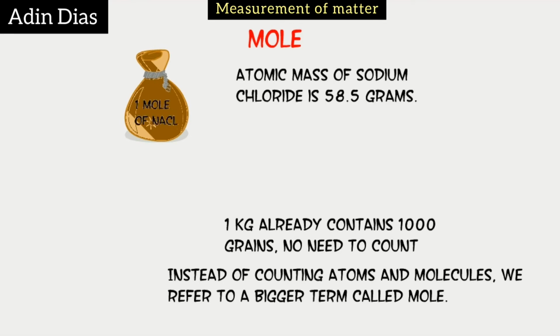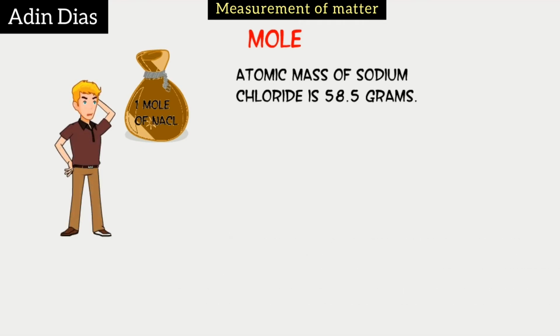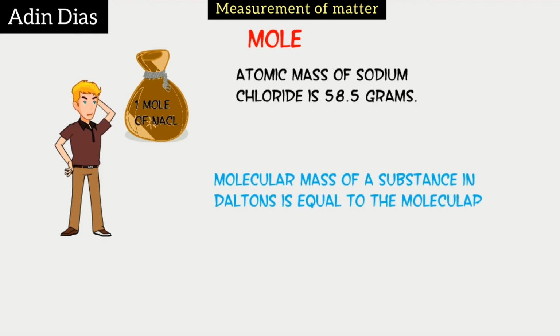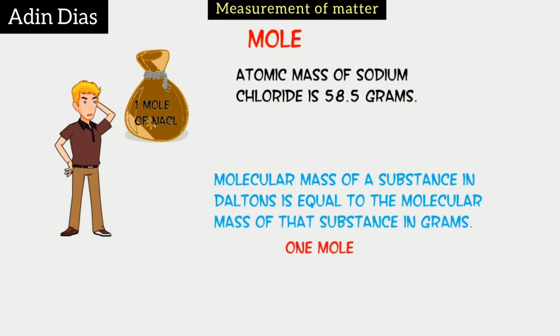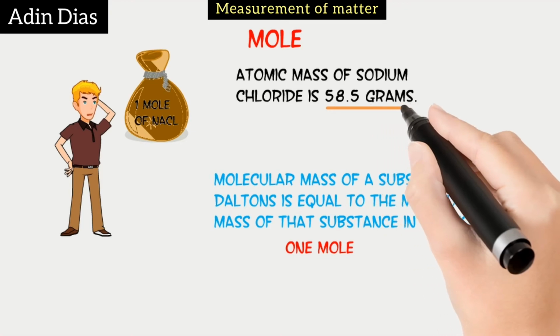So, if Dave's mom tells him to bring 1 mole of sodium chloride, how much is he supposed to bring? He will bring 58.5 grams of sodium chloride, because this is the molecular mass of sodium chloride, and the molecular mass of a substance in daltons is equal to the molecular mass of a substance in grams, which makes 1 mole. So Dave will bring 58.5 grams.